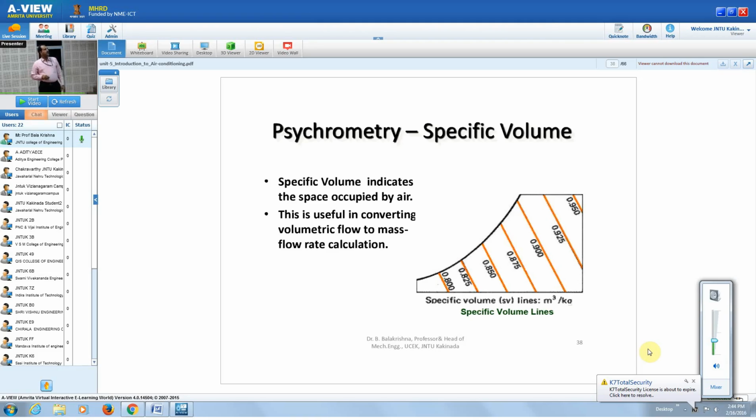This is useful in converting volumetric flow to mass flow rate calculation. The unit is meter cube per kg. At this particular point, if you know a point, from that point you can say what is the specific volume, the dry bulb temperature, the wet bulb temperature, and the enthalpy. Right? If you locate one point, you should know at least 2 or 3 values. Next.